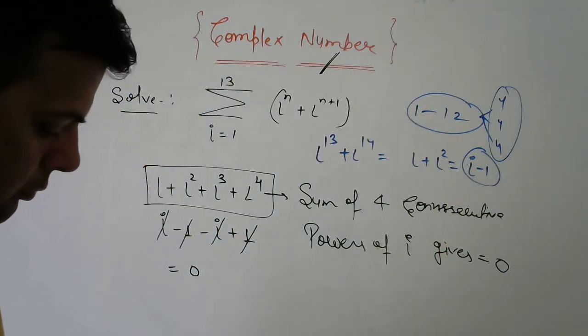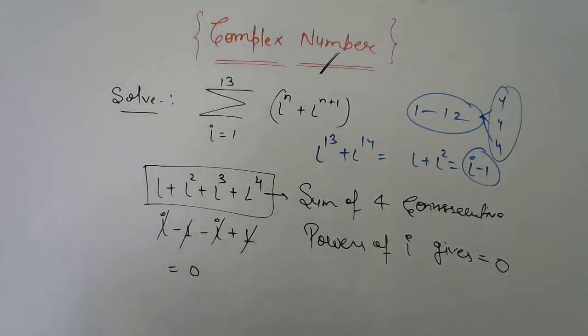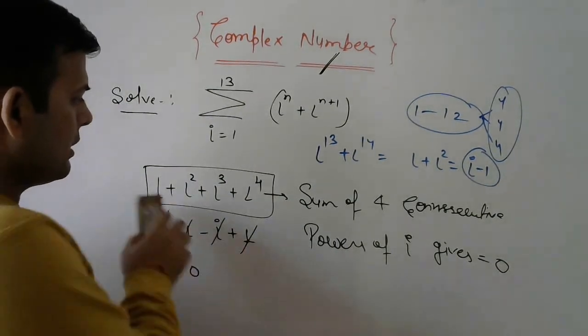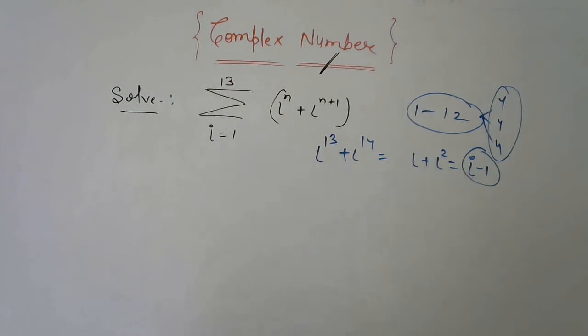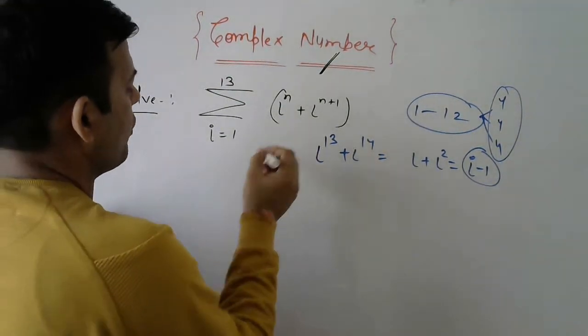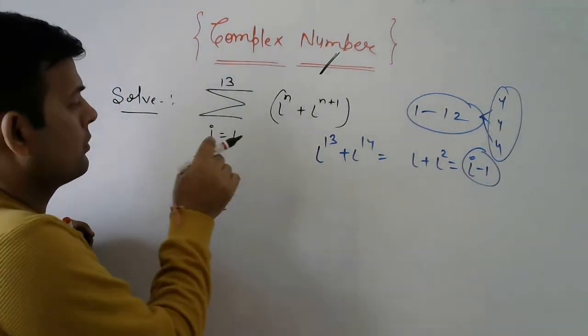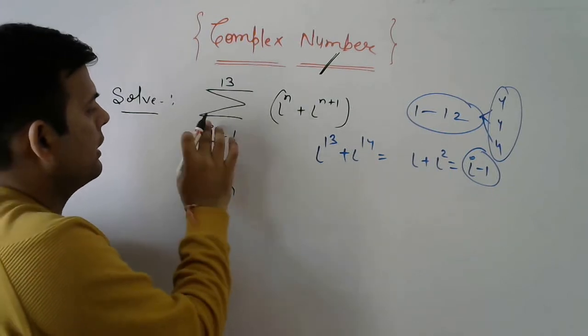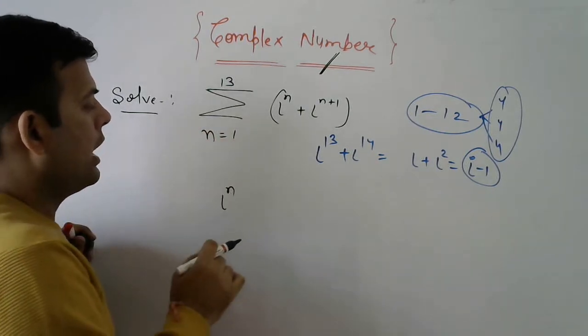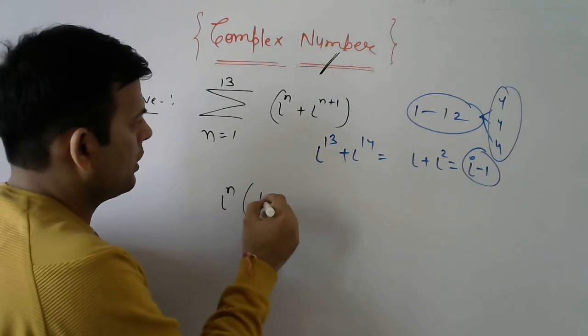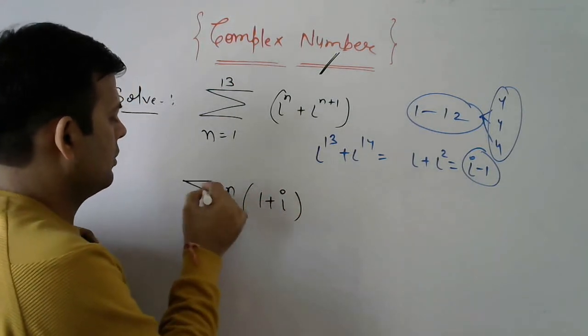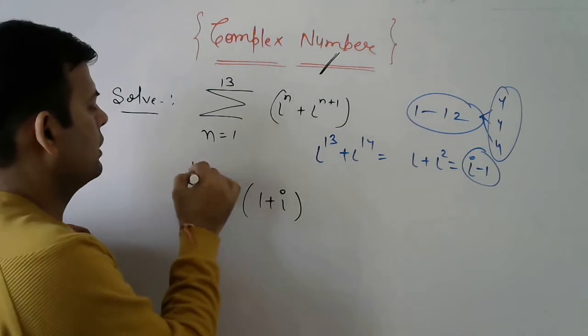Okay, there is another method also. How can I solve this? Take iota power n as common, so I get 1 plus iota, summation n equal to 1 to 13.